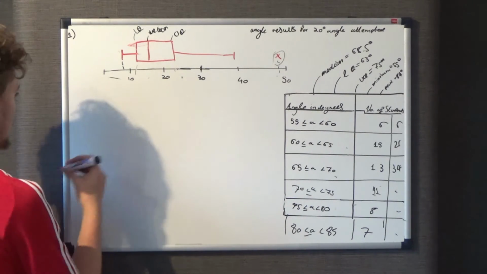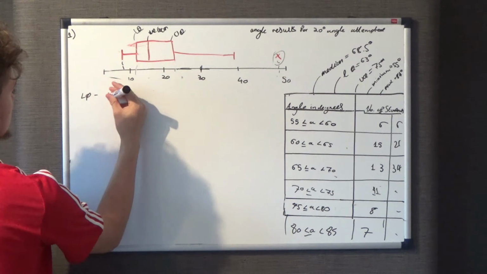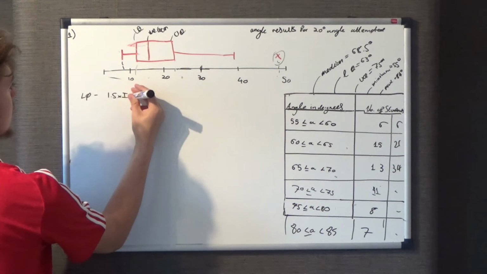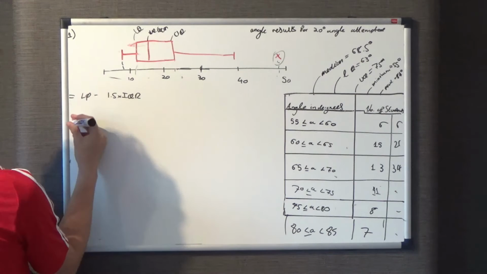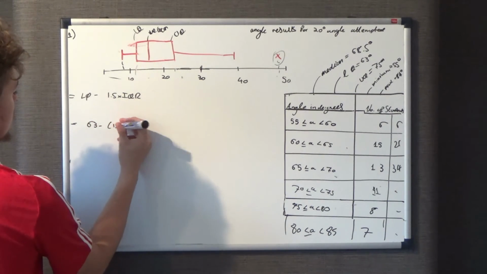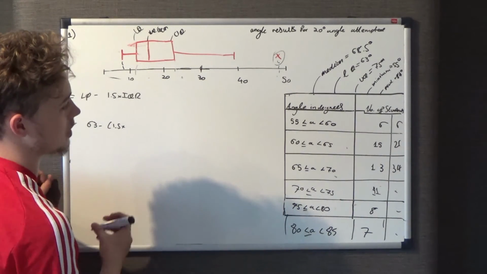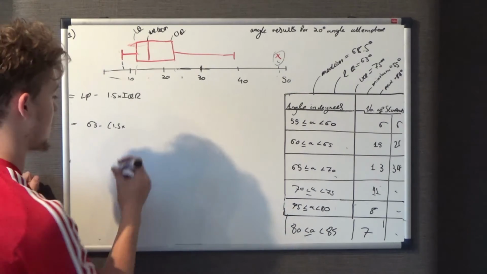So the lower outlier is the lower quartile minus 1.5 times IQR. The lower quartile is 63, take 1.5 times IQR. The IQR is the upper quartile take the lower quartile, 75 take 63, which is 12.